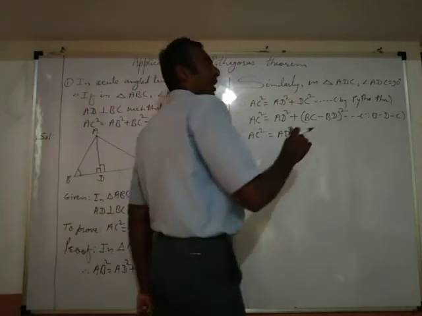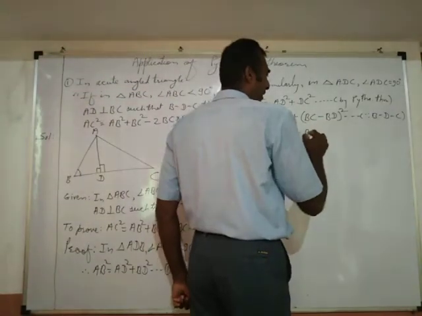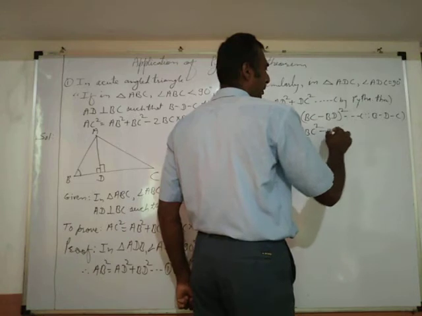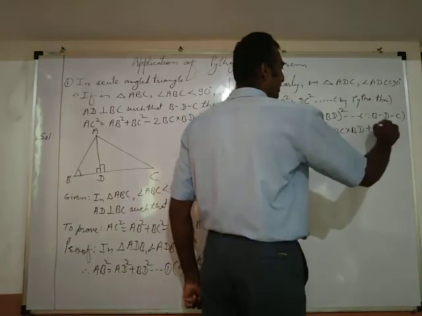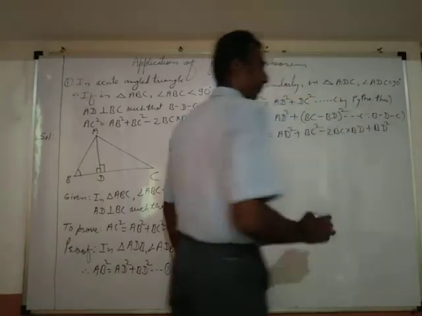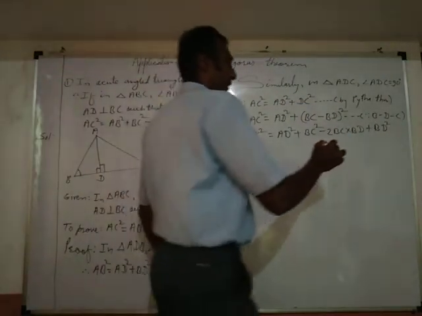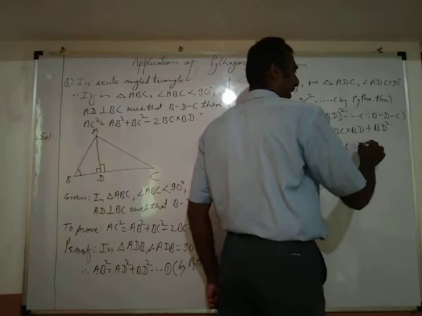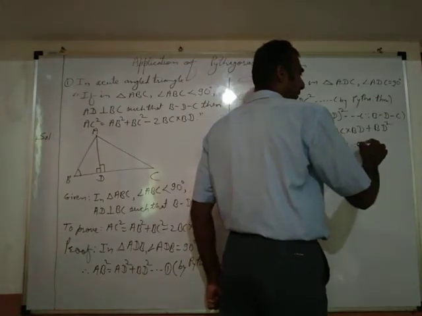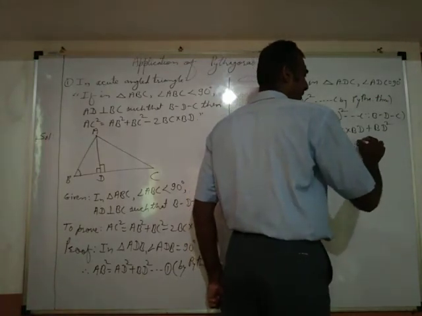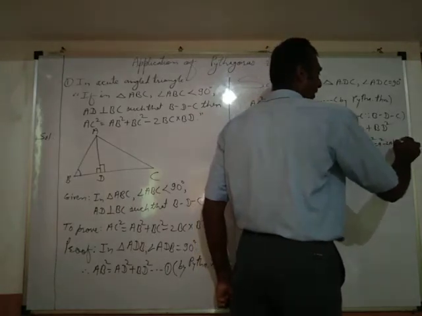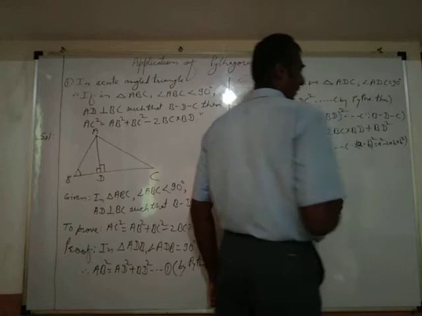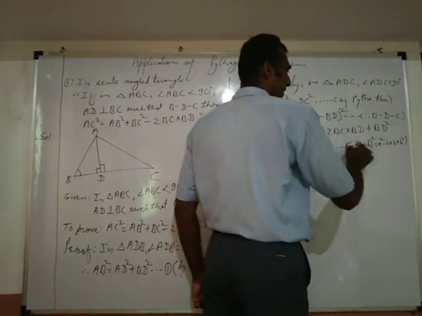And that's why according to that identity we can write BC square minus twice of BC into BD plus BD square. Okay, using this identity we have an expansion.